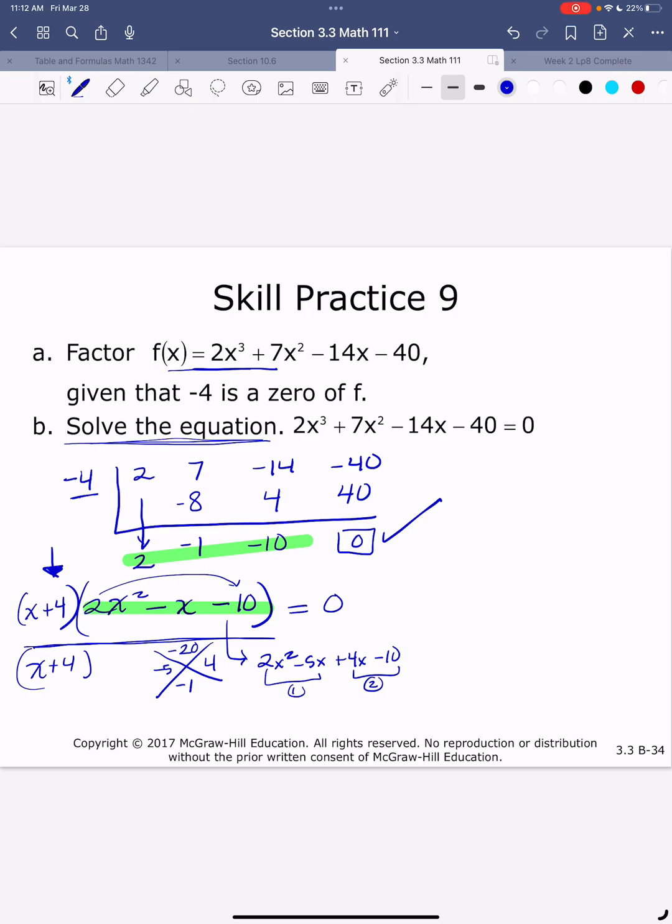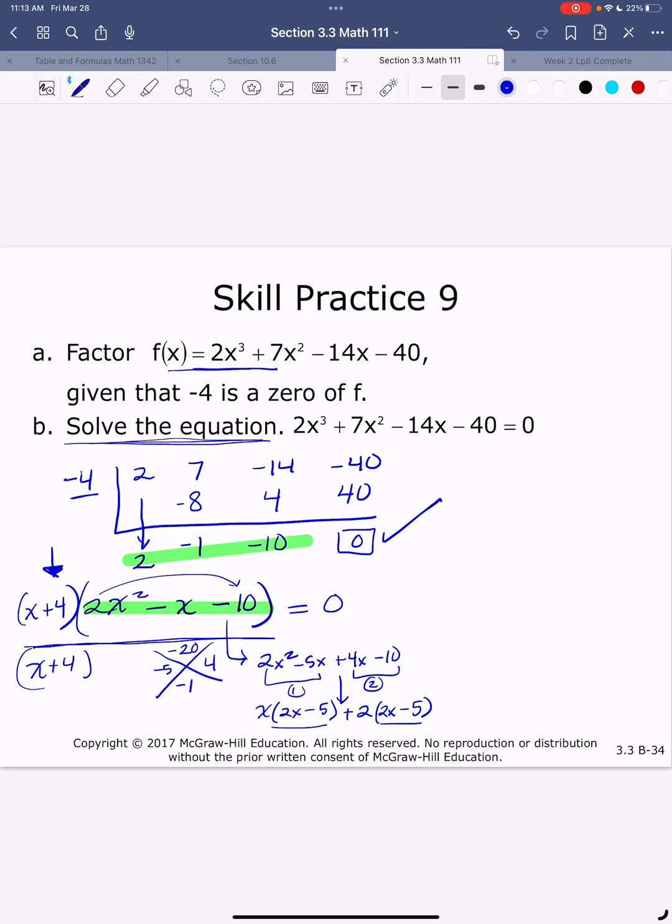This is going to be an x. I'm left with 2x minus 5. Bring down the sign. Factor out what's common here, which is a 2, and you're left with 2x minus 5. Notice that what's in the parentheses matches.